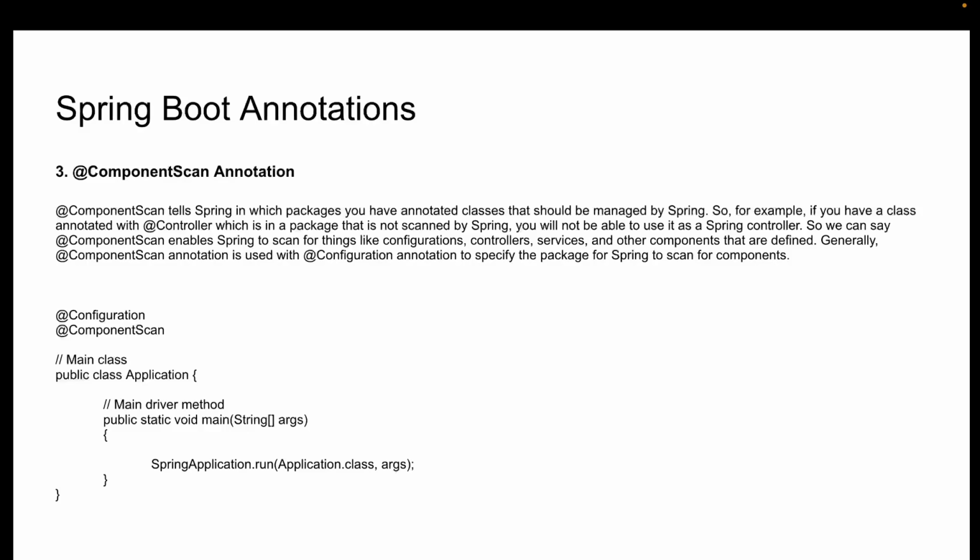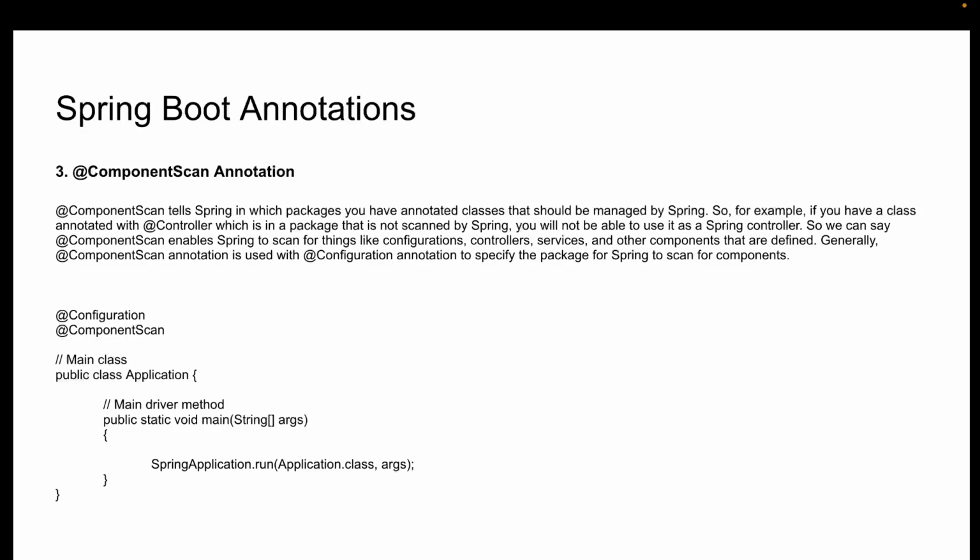So in short, what we'll understand is we have the component scan annotation, and we have several classes which are annotated. Let's say we have some service class, some repository class, and some component classes.